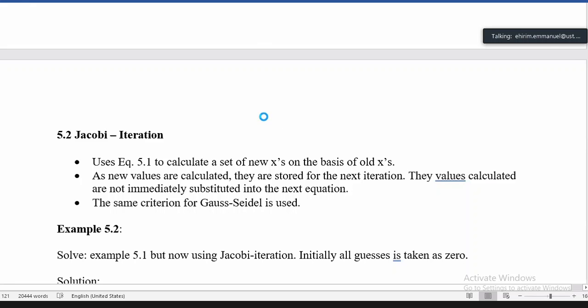And then we carry the values of x1 and x2 to substitute in the third equation, and we calculate x3. That's what we were doing. Right? So, you see, the values calculated are not immediately substituted into the next equation. Every other thing remains the same.